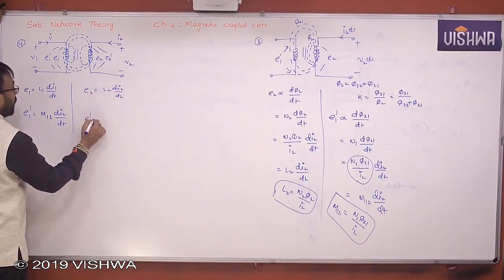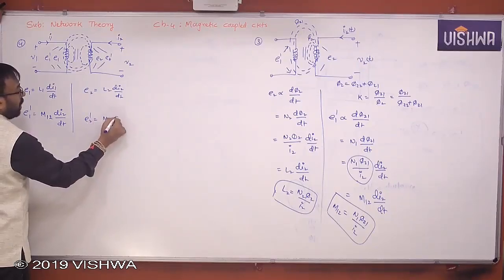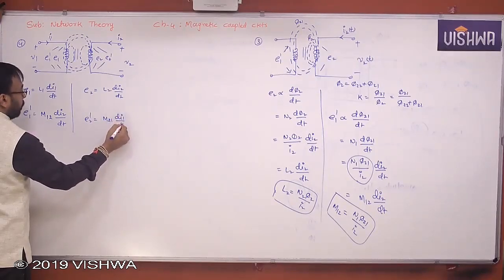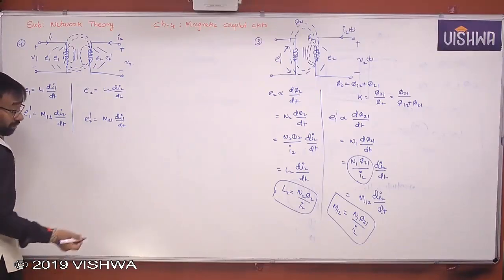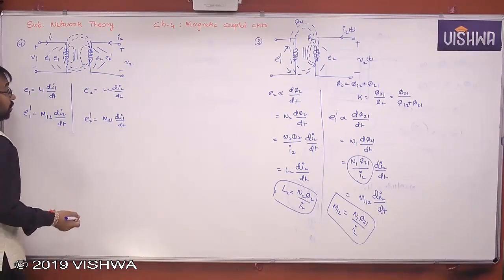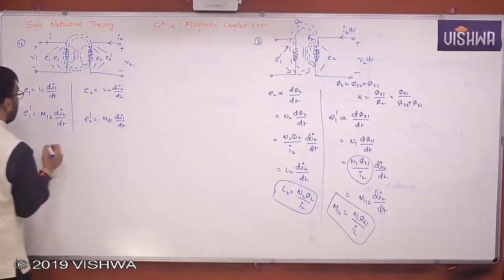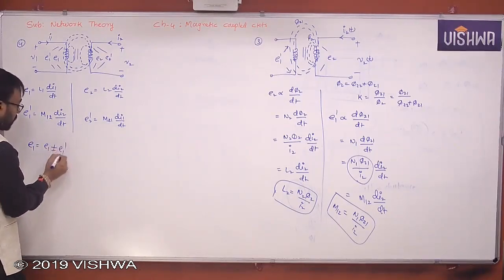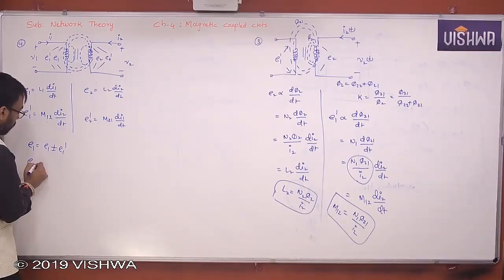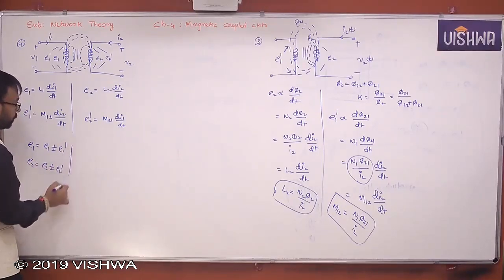What is E2 dash? M21 di1 by dt. That's it. So what is M12? What is M21? We know very well, right? And what is the total EMF actually here? E1 is nothing but E1 plus or minus E1 dash. We decide the sign using dot convention. Yes or no?